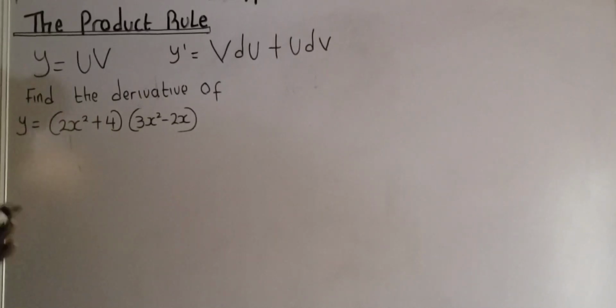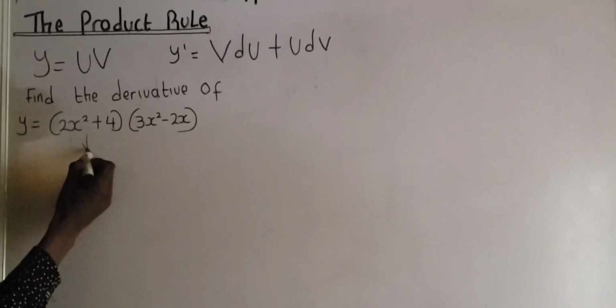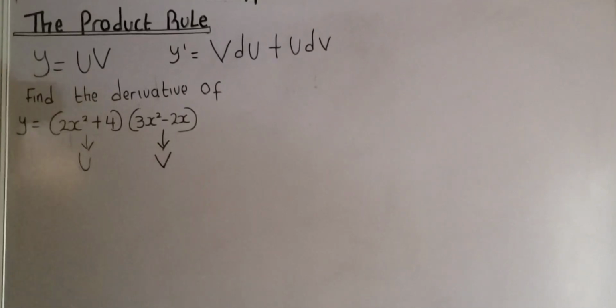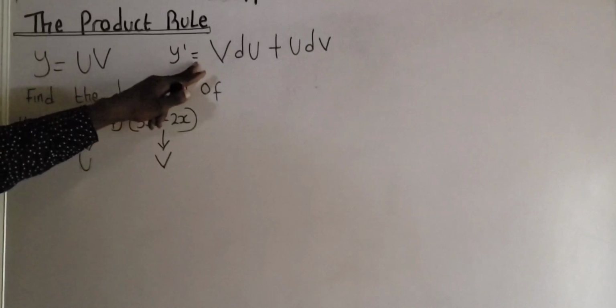U, and the second part is what? V. Are you getting it? So in order to differentiate this function, the first step is to identify your u and v. Are you getting it? Identify your u and v. U is the first function, this is u, and v is the second function, this is what? V. Having identified your u and v, you proceed to your product rule formula.